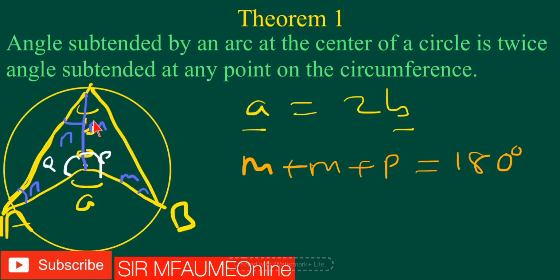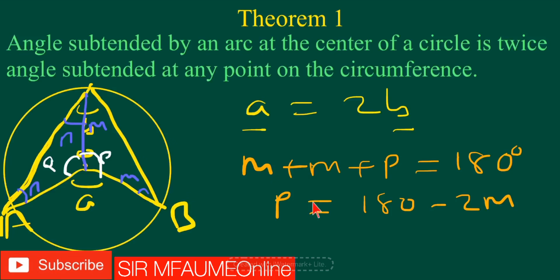That's why M plus M plus P must be equal to 180 degrees. Then from there you will find that P will be equal to 180 minus 2M. That is the first one. But for the second one, when you consider this triangle, this N plus this Q must be equal to 180.